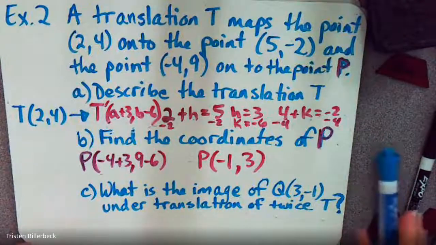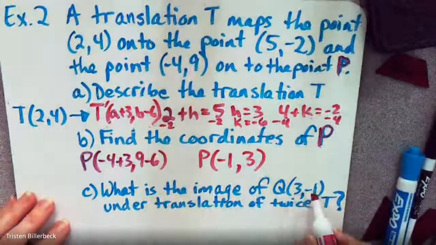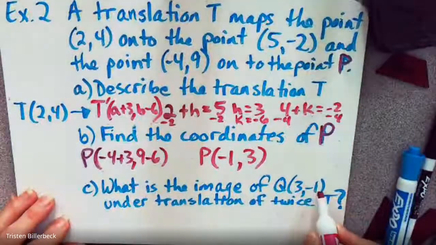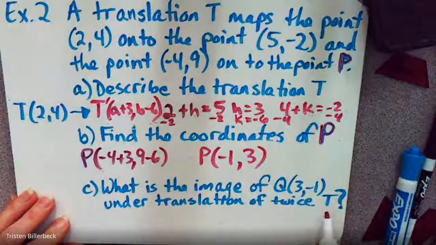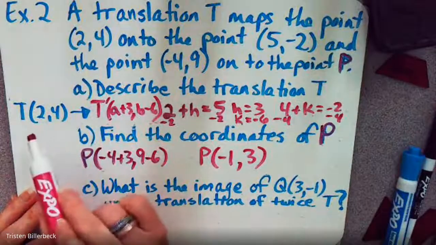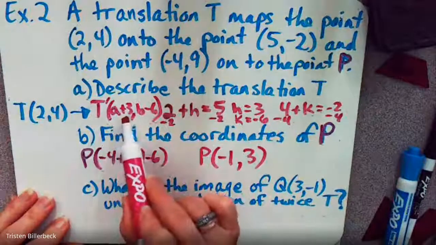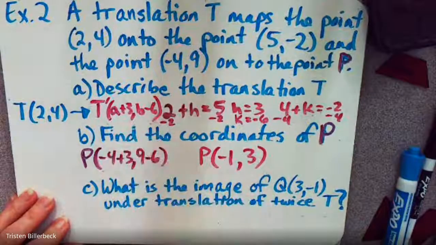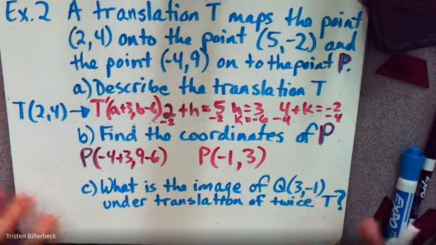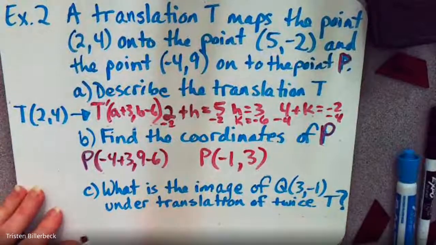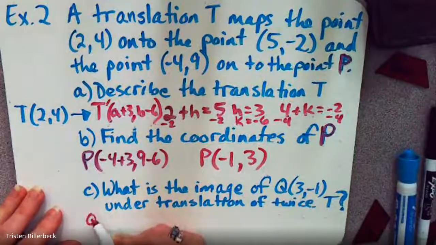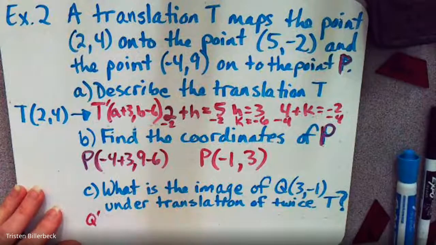Okay, so what is the image of Q at point 3, -1 under the translation of twice T? So that'd be twice this translation right here of plus 3, minus 6. Okay, so we could do it two ways. We could just translate it twice. So Q prime would be one translation.